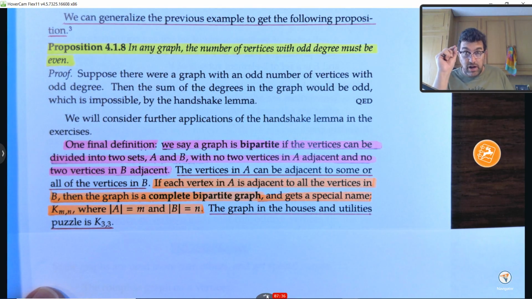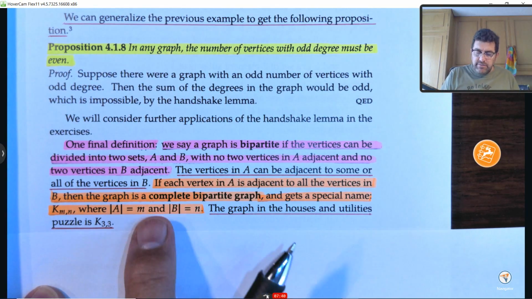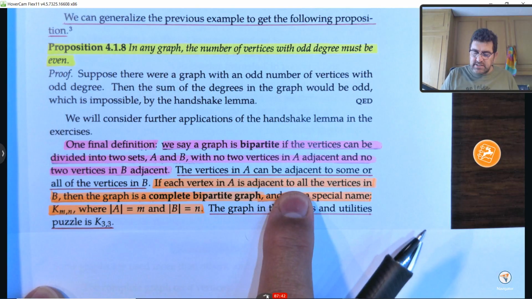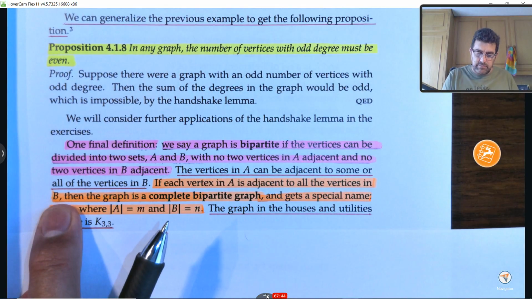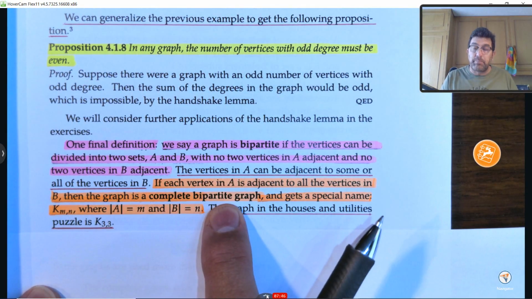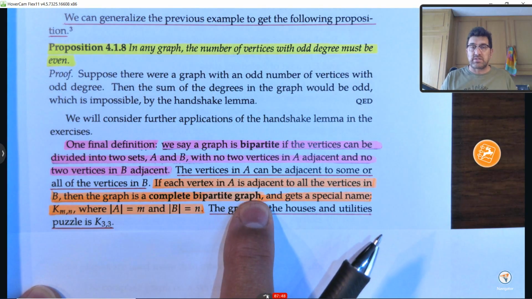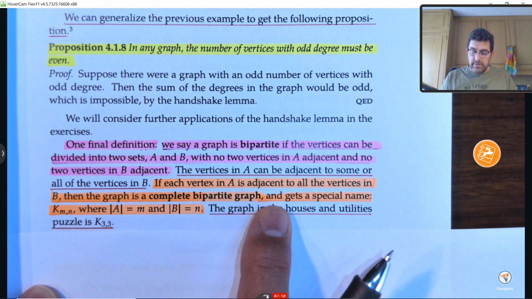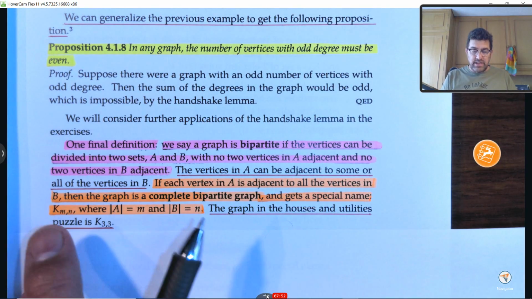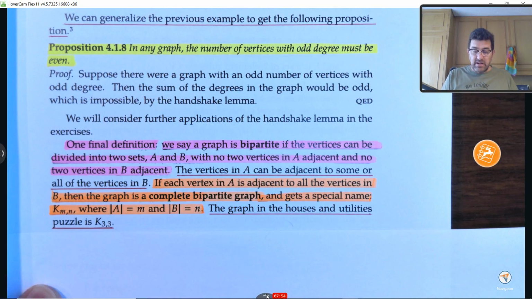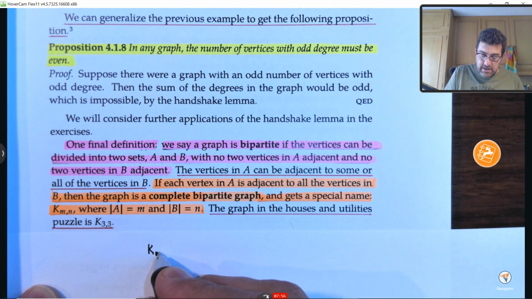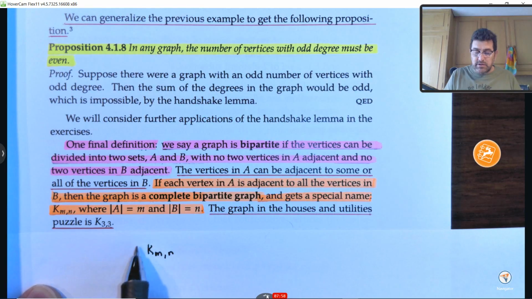Now we're going to go back to language we've used before. If each vertex in A is adjacent to all the vertices in B, then the graph is a complete bipartite graph and gets a special name. So if I talk about K_MN, I'm talking about a complete bipartite graph, not just any graph.